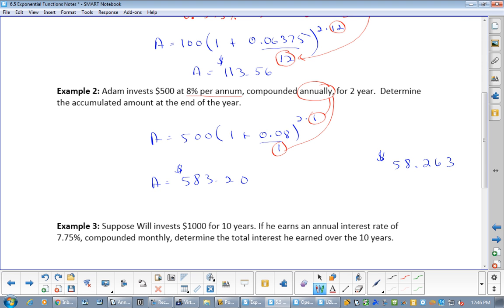Now, how much will the bank give you? 58.26, right? Who's going to waste their time calling up their bank going, whoa, you owe me 0.3 of a cent, right? So who gets that? The bank. Now, if they had 1 million customers with millions of dollars, those add up, right?